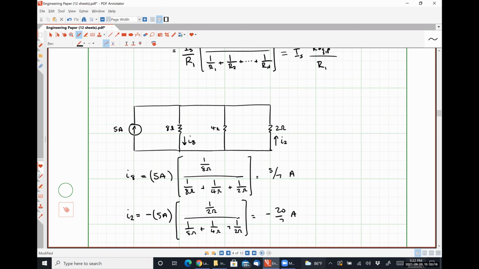That is the current through any parallel path for a known amount of current entering a resistor network.